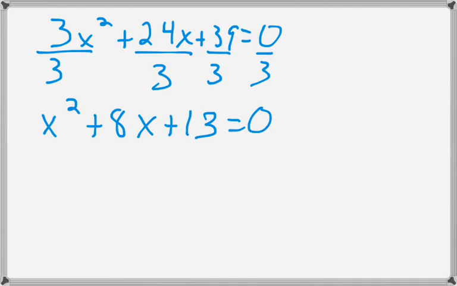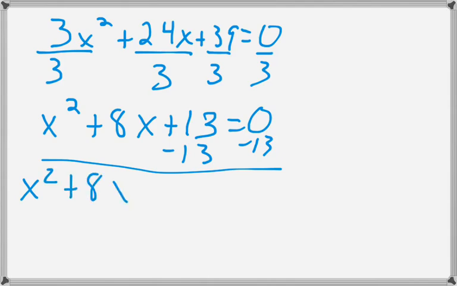And then we want the constant term out of the way, so we'll subtract it to the other side. Okay, and then we want to add b over 2a squared to each side.